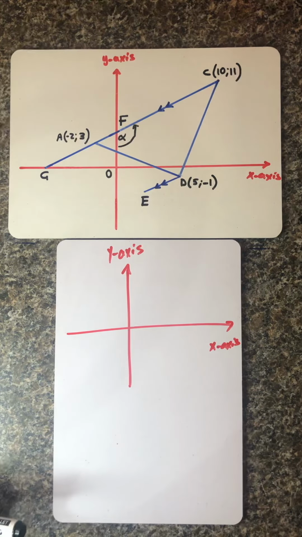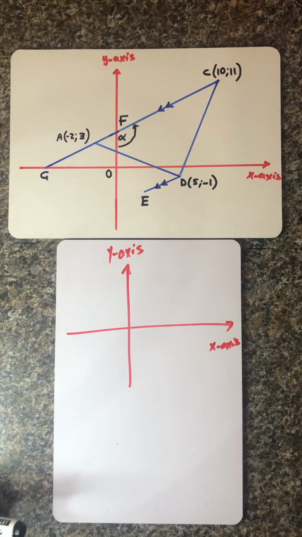We call the point of intersection of the two axes the origin. This is where you've got the 0 point. Very important that you understand the Cartesian plane, because all the functions are drawn on this Cartesian plane.